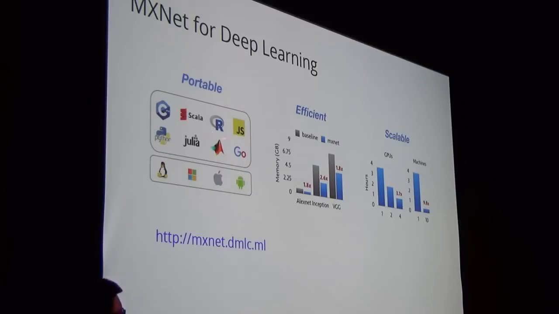For example, we have a JavaScript binding. If you go to the website, you can find a JavaScript binding that directly runs image classification in your own browser, and it can be ported to mobile devices and any other operating system. We also have the widest range of interface support. For example, this is the only library so far that supports deep learning in the R language.